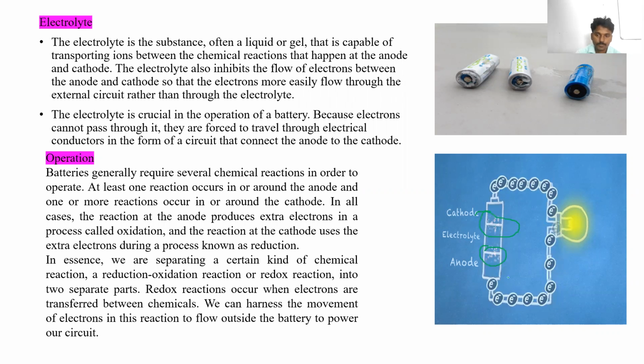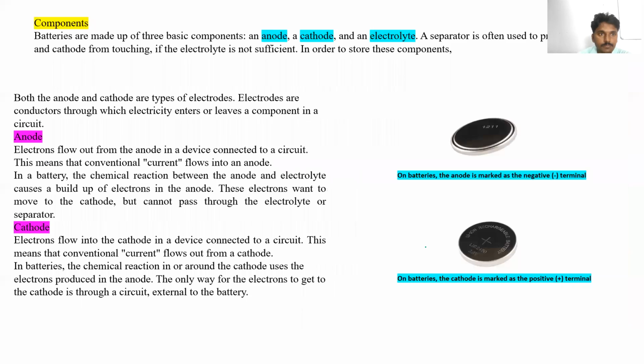So the flow of electrons is nothing but electricity being produced. Is it clear? Okay, so this is simply the releasing of electrons from the battery.